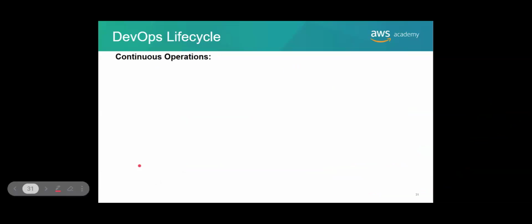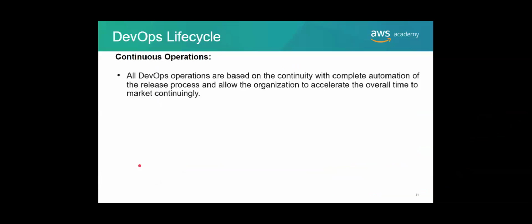Next, we'll go for operations. Continuous operation. As I told you yesterday about the Zomato example, anyone working there is working specifically on the major operations.